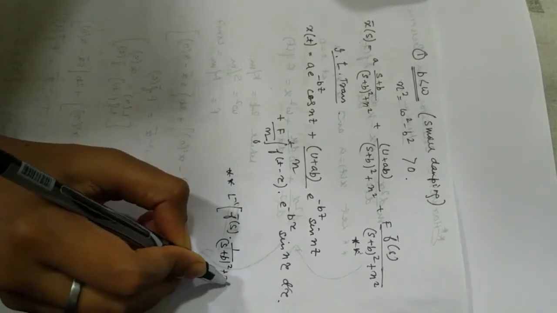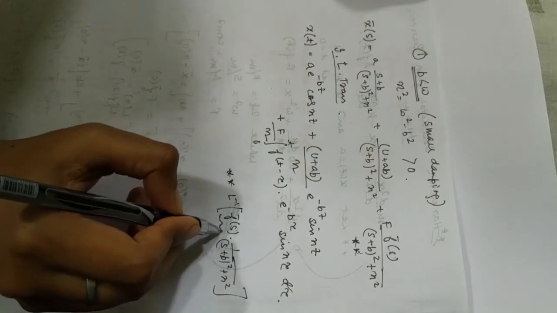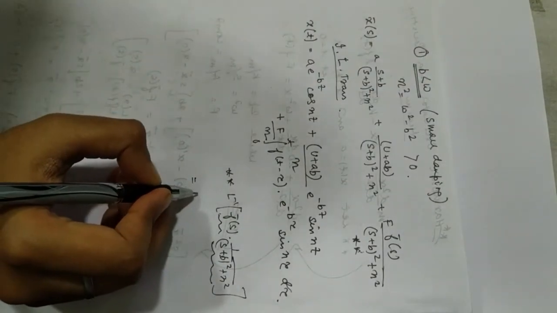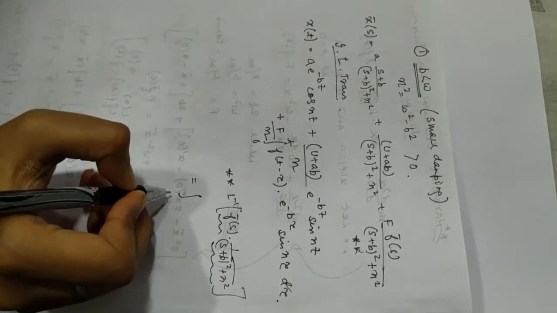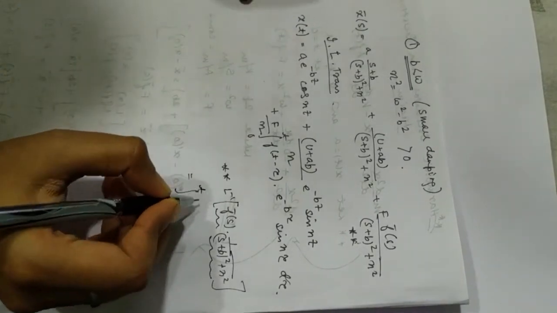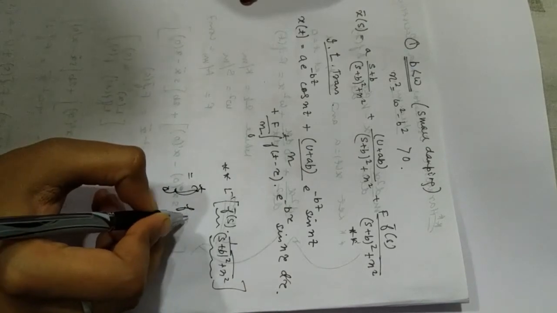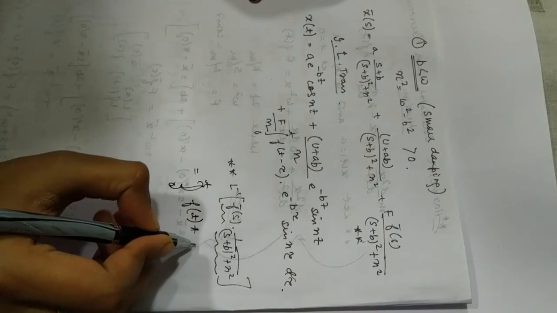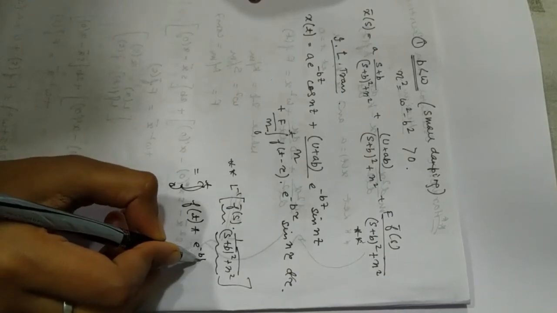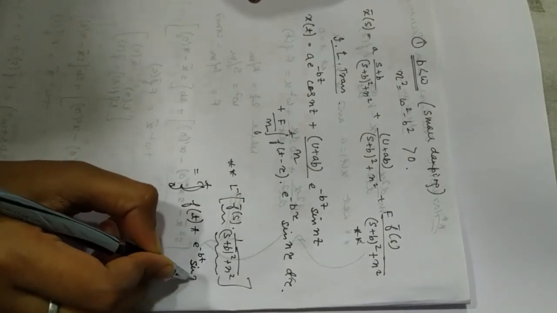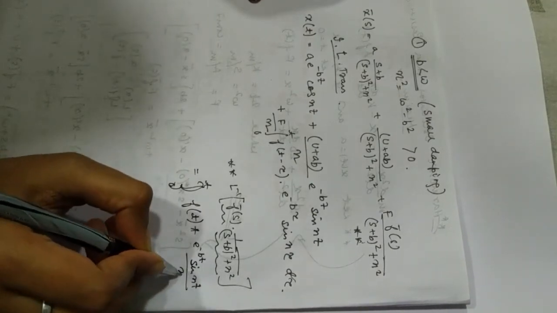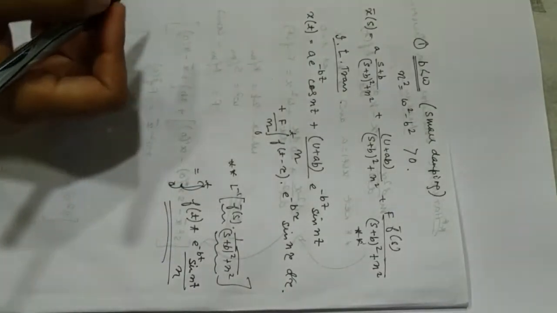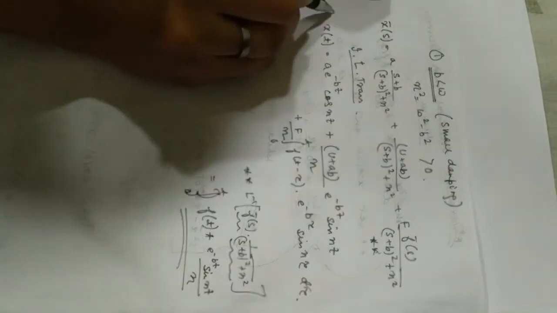We have the function f bar s and the function 1 divided by s plus b whole square plus n square, and using the convolution theorem we know this is nothing but the convolution of f of t and e to the power minus bt sine nt by n, right? So this is what we have applied just now. This is a convolution of these two functions. Okay, so this is our final answer.